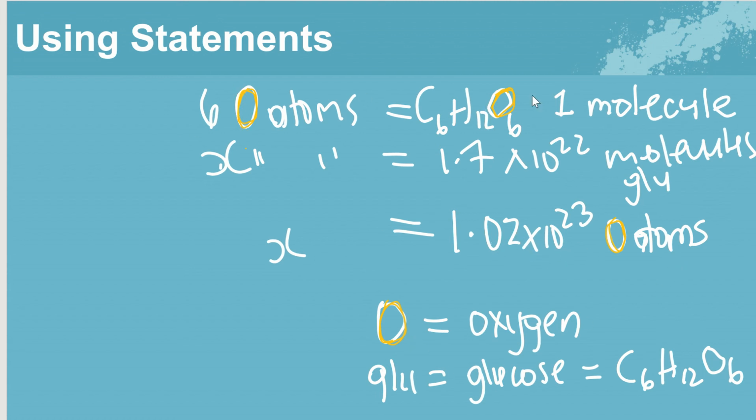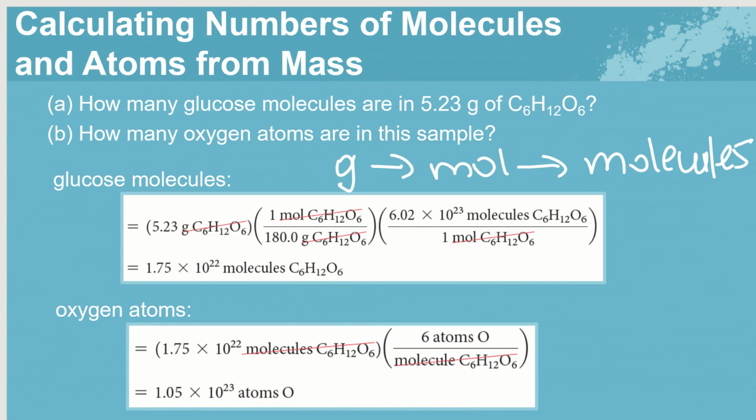So here, just to have a little key, this is oxygen, and as we said before, glucose, C6, that's equal to C6H12O6, right? So essentially, guys, the point we're making here is that we use molar mass to interconvert between moles and grams, and we use Avogadro's number to interconvert between moles and either atoms or molecules, right?